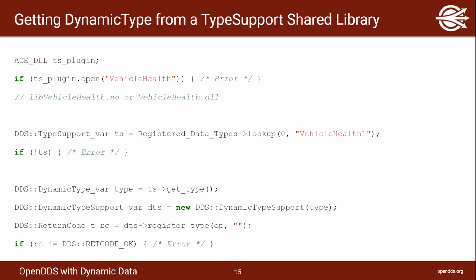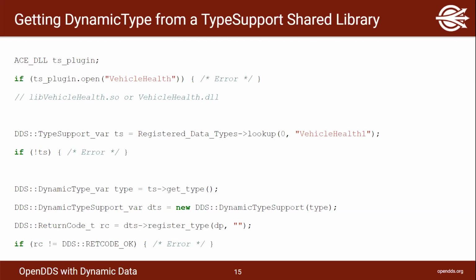But this should work on both of them. So it loads that. And then we have to get the type support, and we can get that from the registered data types class in OpenDDS. You can search for it by name. And then from there, you can get the type from the native type support.